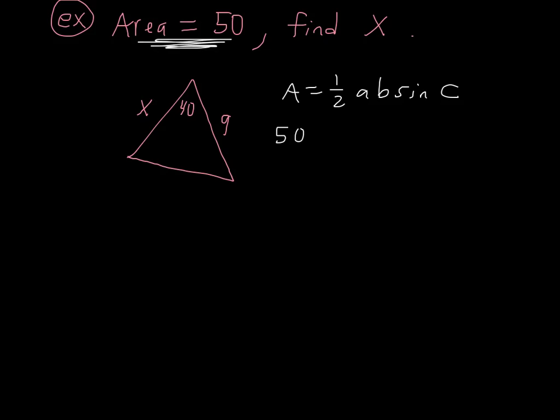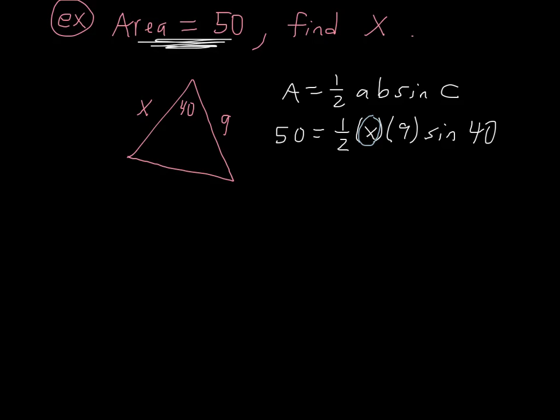So 50 is our area, and this one we would be allowed to use a calculator since our angle is not a special right triangle angle. So call A x and call B 9, and then we have the sine of 40. Okay, so we're trying to solve for x here.